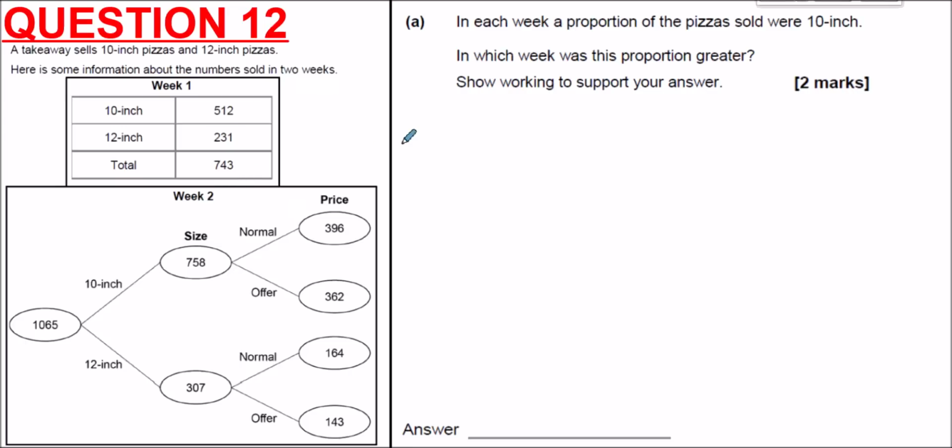And so let's have a look first at week 1. So week 1 in the table, 512 10-inch were sold.